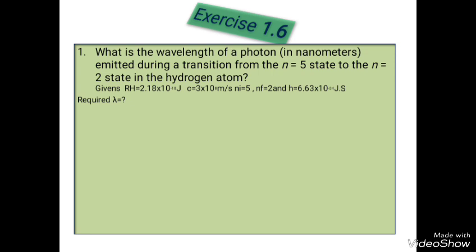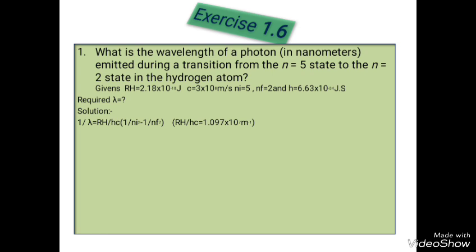When an electron transits between its energy states, upwardly or downwardly, to calculate the wavelength, we use the formula 1 over lambda equals RH over h times c, in brackets 1 over initial energy state square minus 1 over final energy state square.